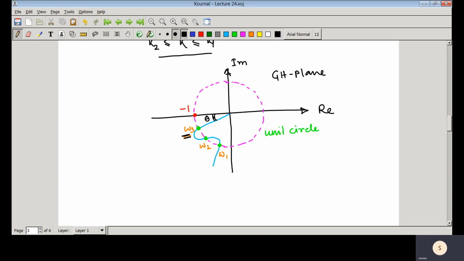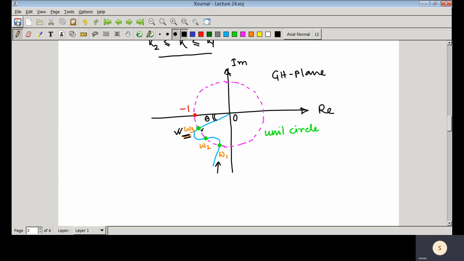Whenever you have multiple gain crossover frequencies, where the plot cuts the unit circle, we need to consider the highest frequency. Here the frequency is increasing like this, and as omega tends to infinity, it comes to 0. So omega 3 is the highest frequency, which is closer to the critical point. At that point we calculate the phase margin, and it gives you the relative stability information.